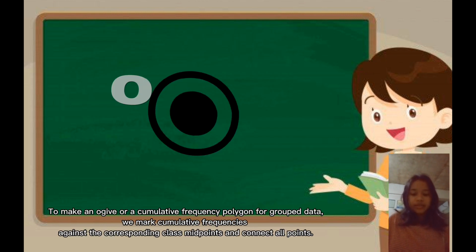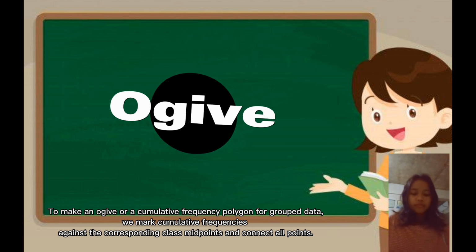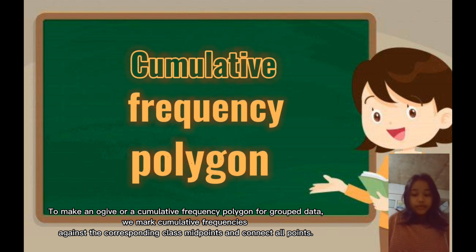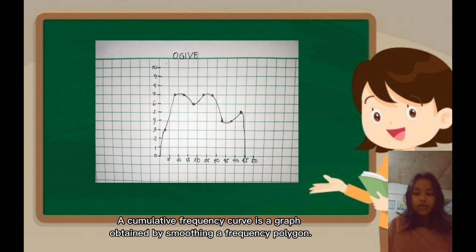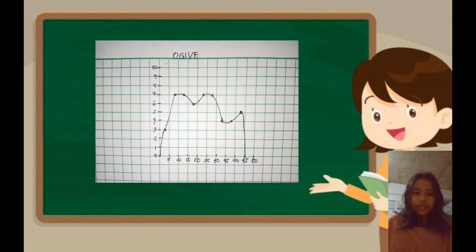While making an ogive or a cumulative frequency polygon for grouped data, we mark cumulative frequencies against the corresponding class midpoints and connect all points. A cumulative frequency curve is obtained by smoothing a frequency polygon.